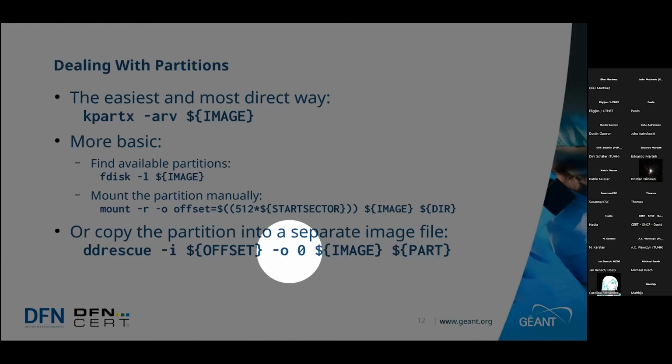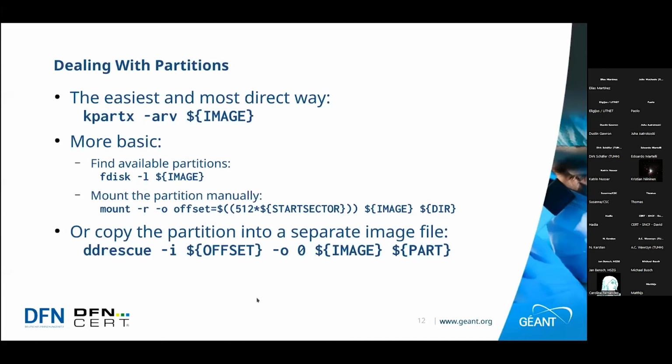So that means that the first couple of bytes will just be filled with zeros by dd-rescue. It tries to be helpful there, so you can restart your copy process if something breaks on the way. But in this case, this is not what you want. In this case, you want to start the actual copied new image at byte 0. So you need to tell dd-rescue this. So this is something you can trip over. And then you just specify from where to where. And so there you go.